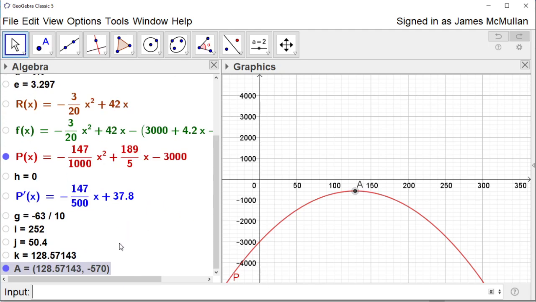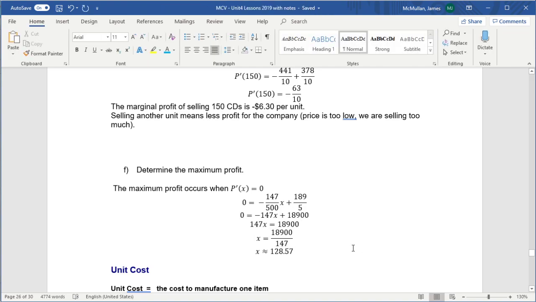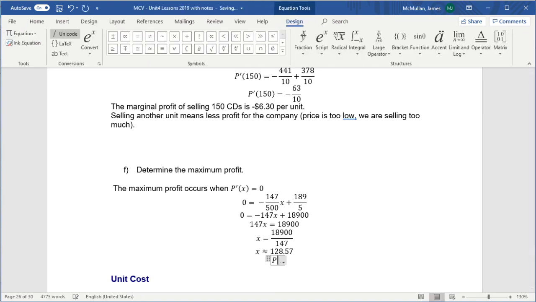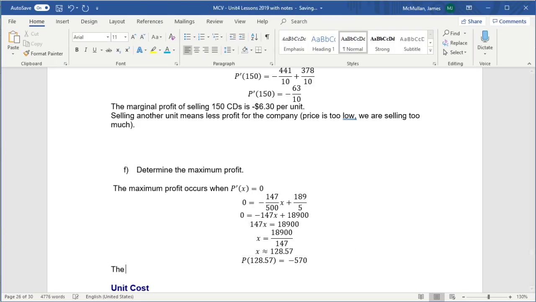The best they can do is sell 128.6 CDs per week, but they're still going to be losing money, right? So this company, you can see its profit is never positive. It never makes enough money to justify its business. It's always losing money. So the maximum profit here, P of 128.57, is equal to negative 570. So the best the company can do is lose 570 per week.